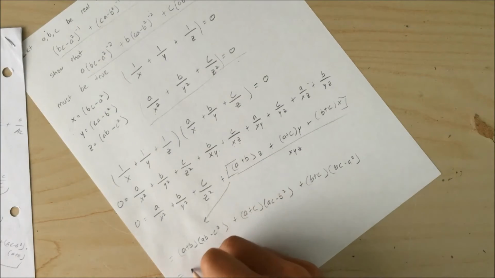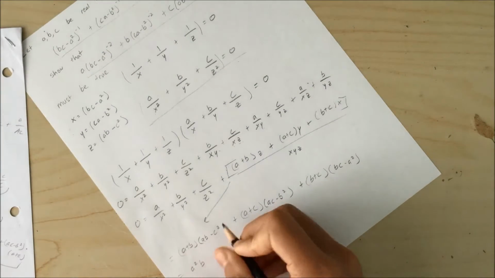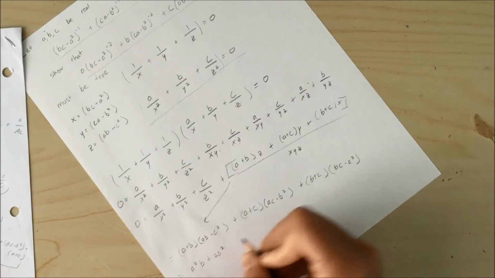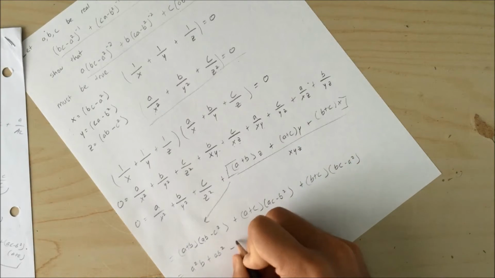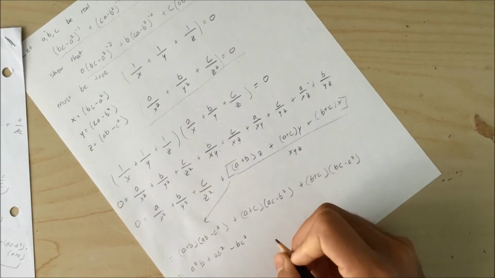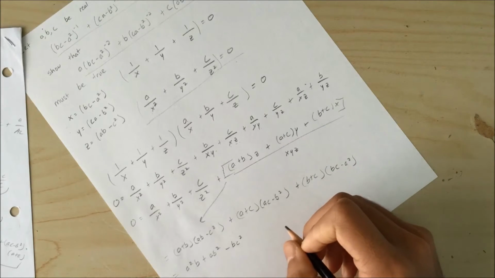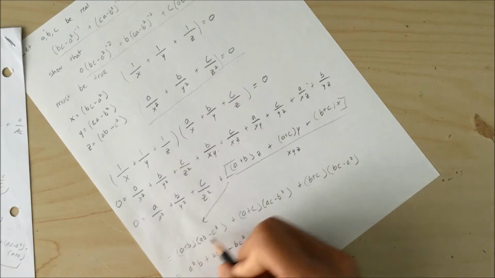Now if we'd like to expand this, we get a squared b plus ab squared. And this is just using what you might know as the FOIL method, but it's essentially just a way of using the distributive property with multiple things to distribute.